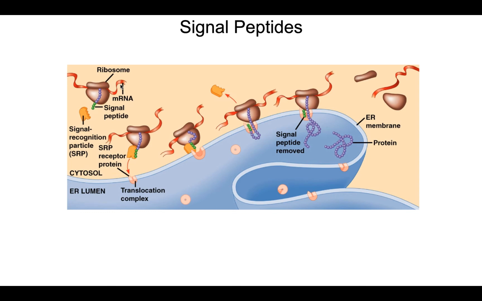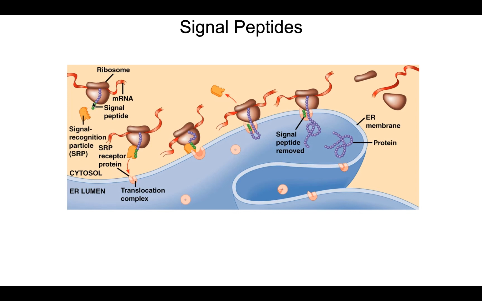Some messenger RNAs will have encoded in them these first few amino acids that are a signal peptide. They signal to the cell, hey, I am a protein that needs to be made into the rough ER. I am going to be secreted, or I am going to be another protein involved in the endomembrane system. Now, when the signal peptide gets made, it gets recognized by another protein called signal recognition particle, or SRP.